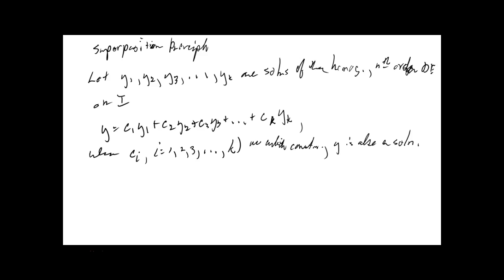Whatever your C sub i's are, where i is counted from 1 to k, as long as those are arbitrary constants, then y is also a solution. You could have an infinite number of solutions, but the thing is, it's not infinite.